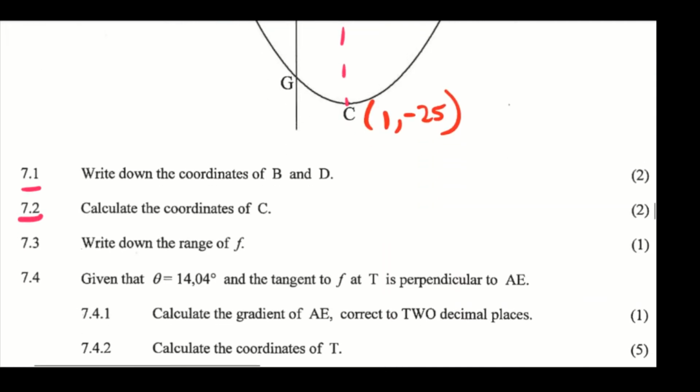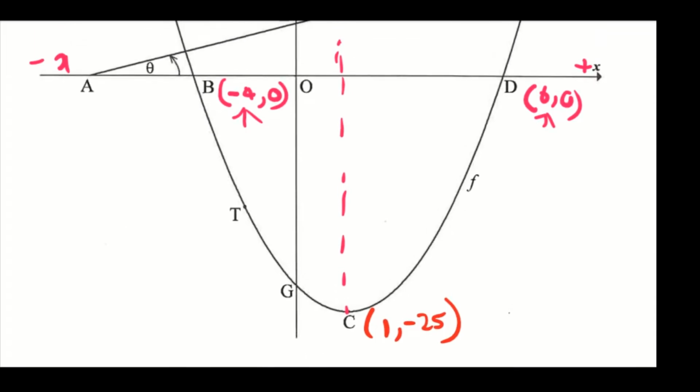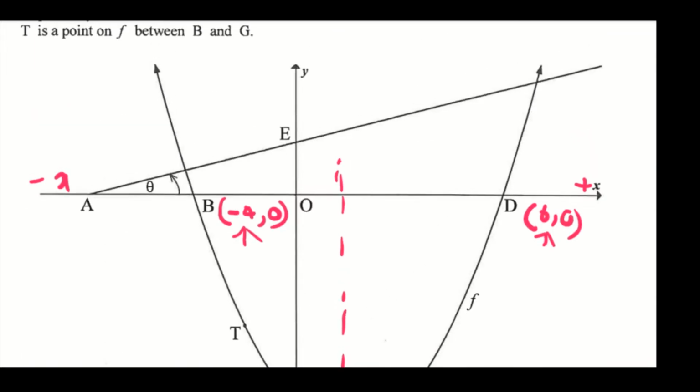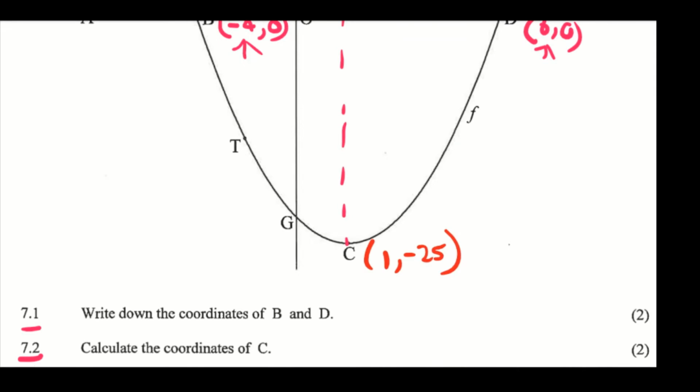Going to 7.3, we must write down the range of the function. The range talks about the movement of the y values for the graph of f. The y values come from this direction, from positive infinity. We don't know the specific value where they come from. They go down to the minimum value of -25, and then they go up to positive infinity.